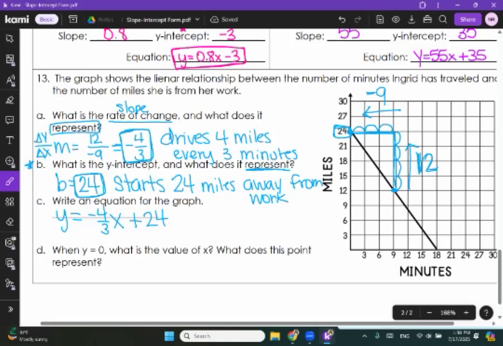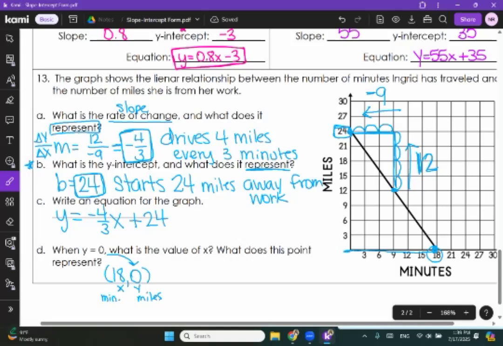When y is equal to 0, what is the value of x? Okay, so with every point, you have an x and a y. If y is 0, what is x? Well, y is 0 right here. So basically, they're asking us what is the x-intercept, which is 18. Let's think about it. Y represents what? Miles. 18 represents minutes.